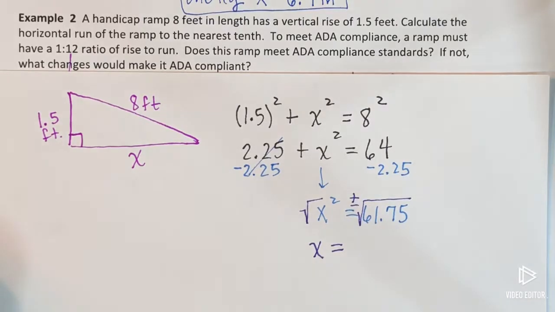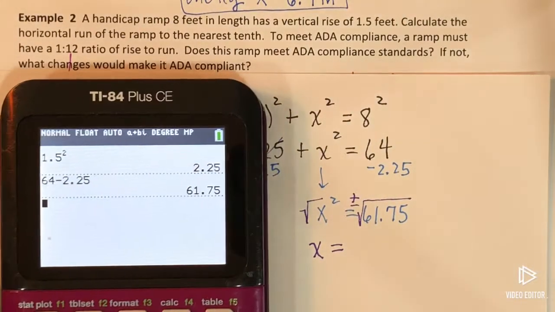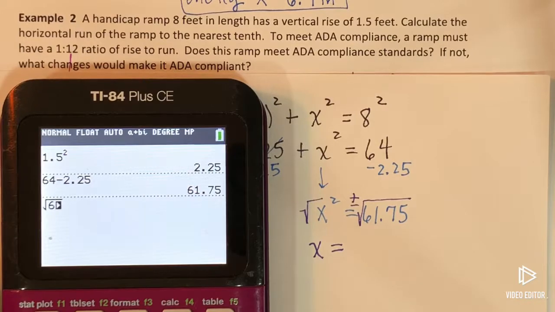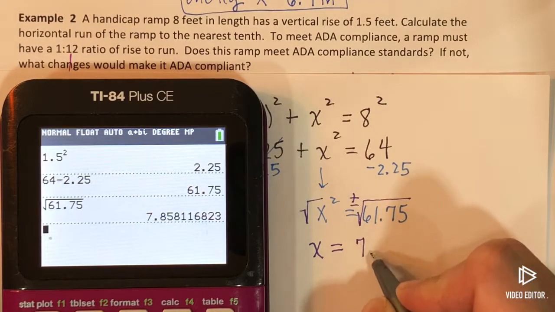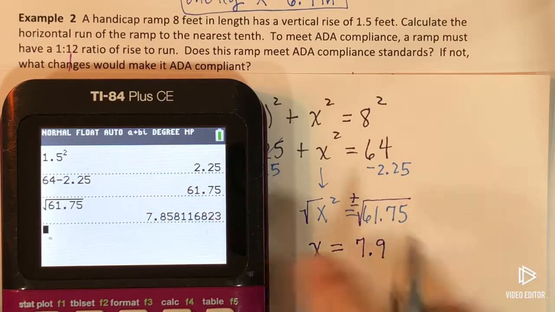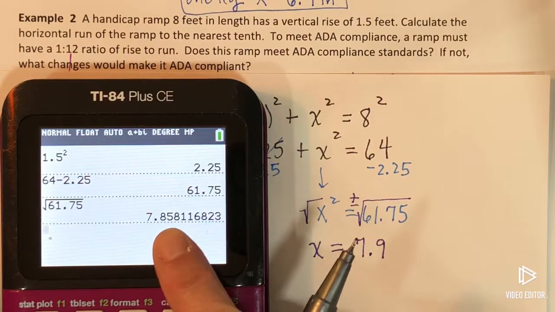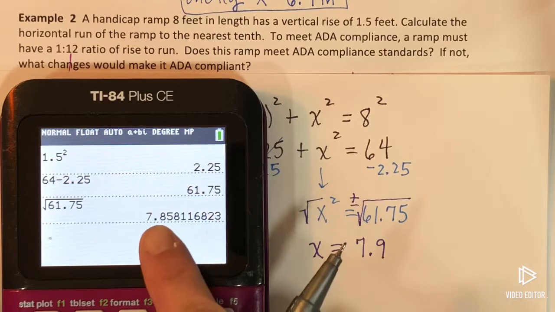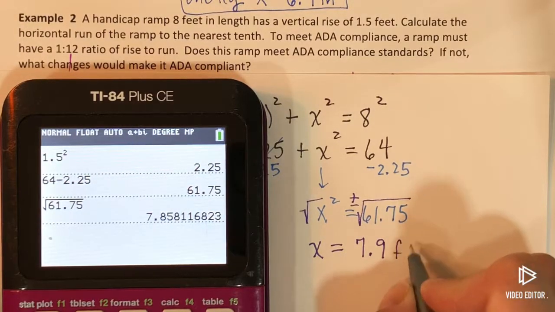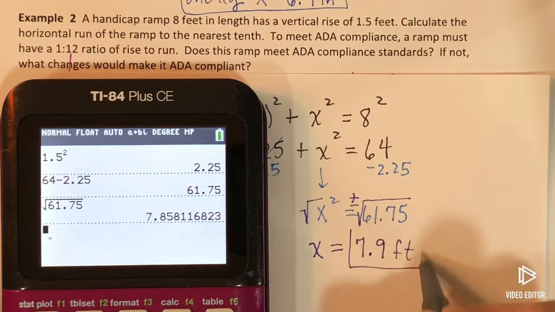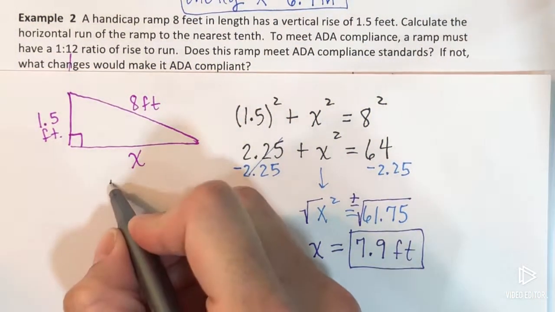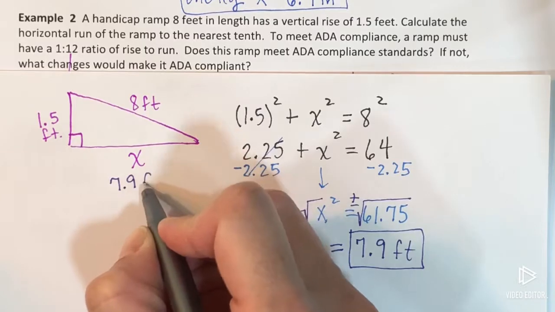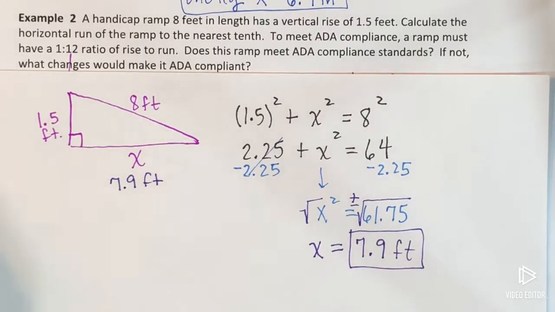But since we're talking length, let's find the square root of 61.75. Round to the nearest tenth, so that's going to be 7.9 feet, since 5 and up you round up. Okay, so this horizontal distance is 7.9 feet.